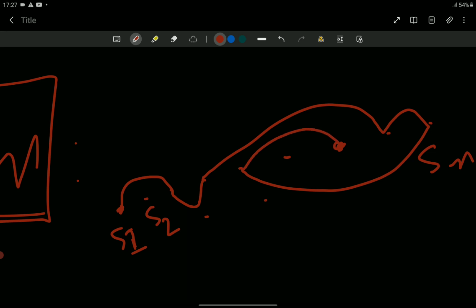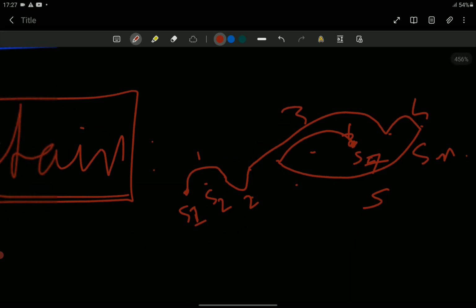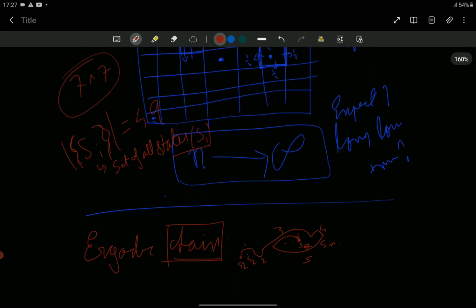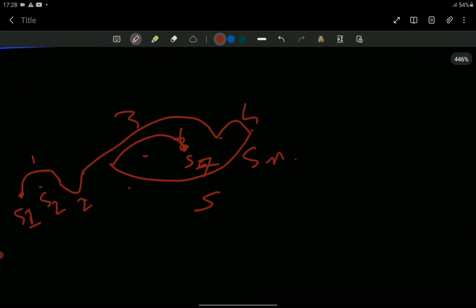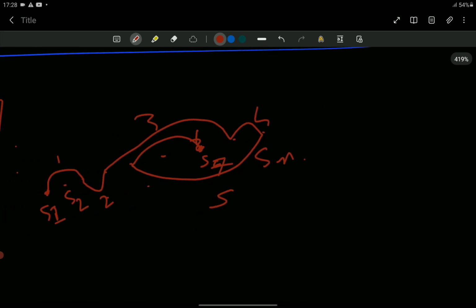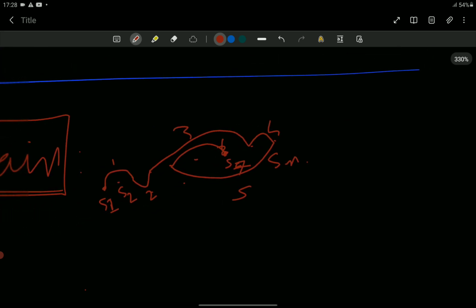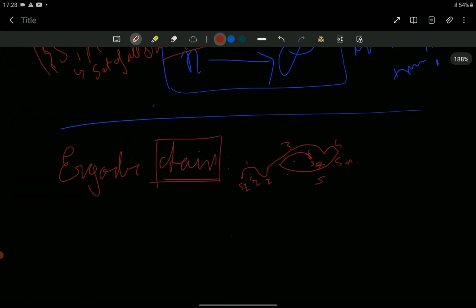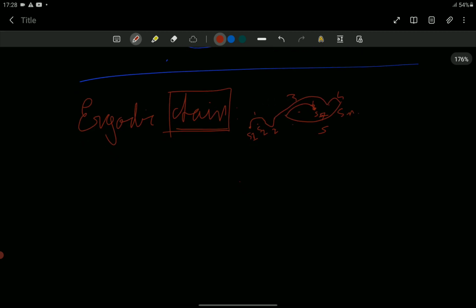So you went from s1 to, let's say, s7 in 1 2 3 4 5 6 steps. So yeah, some finitely many steps. And also our number of states is finite, so that guarantees that the number of steps to reach from s1 to s7 is finite. This statement makes sense. So this is what ergodic chains mean.